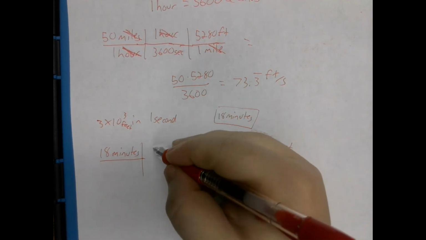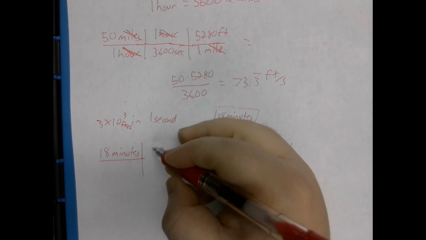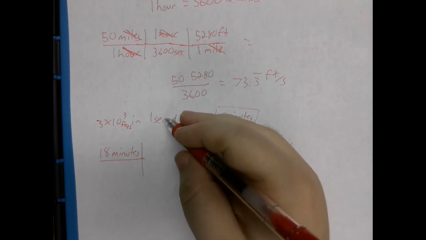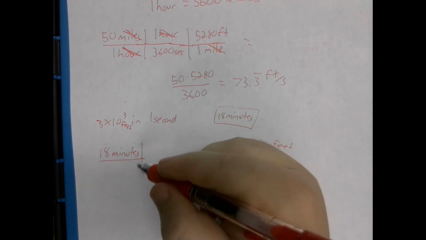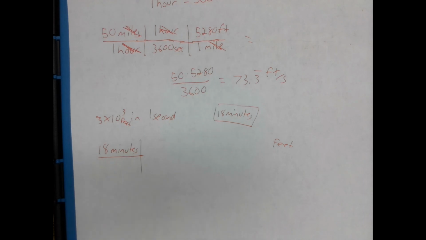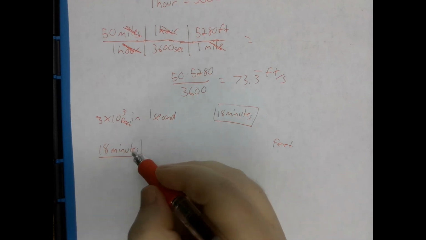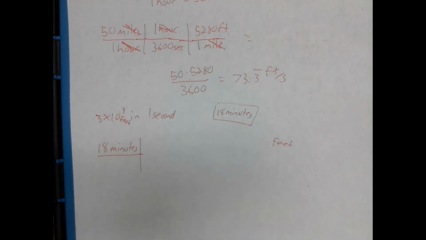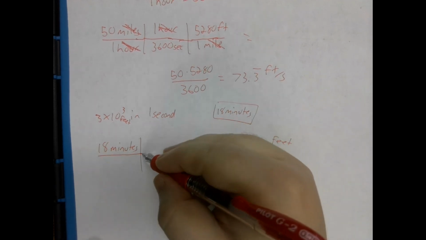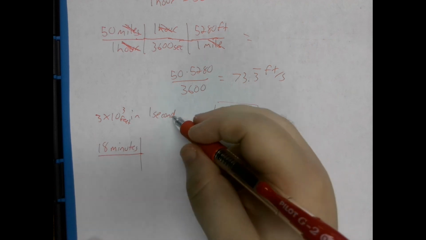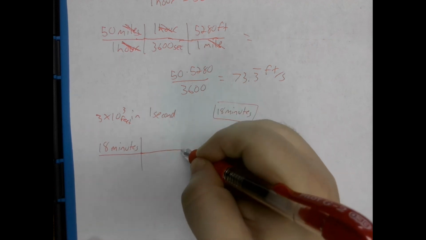So if I go ahead and add this in, can I add in 1 second and feet anywhere to cancel out minutes? We need to convert minutes into seconds first. So I'll show you 2 ways you can do this. I need to have minutes and seconds ready to be canceled out.